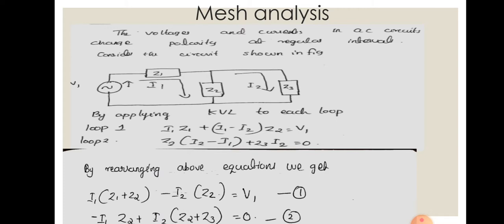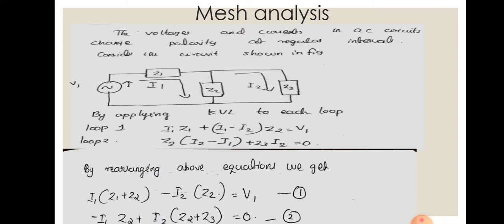We will use KCL rules for solving the network, but instead of using resistance, capacitance and inductance values, we will use impedance values, because we are analyzing the circuit with AC input. So we are using impedances in this case, or admittance. Other terms are similar, so we can start the analysis by using mesh analysis in the case of AC circuits.